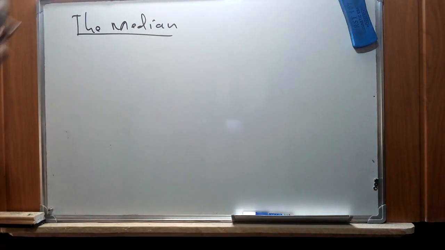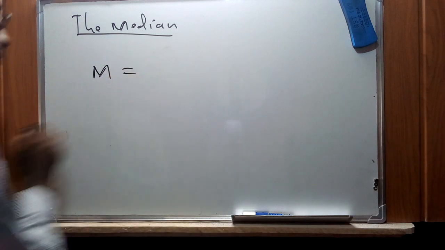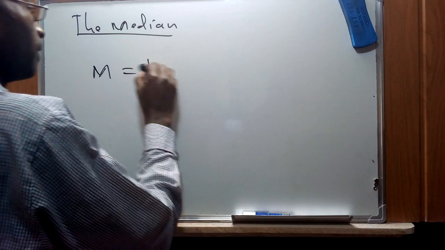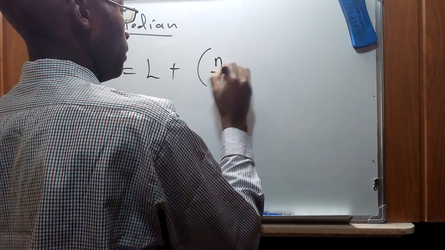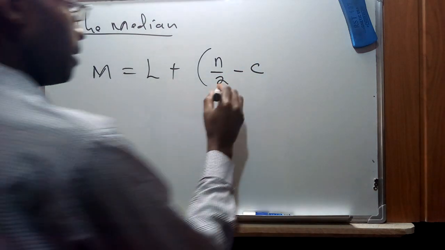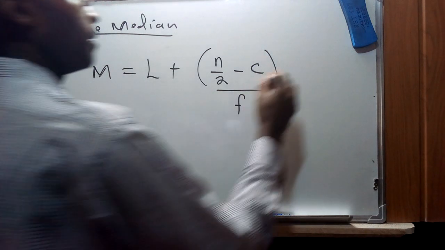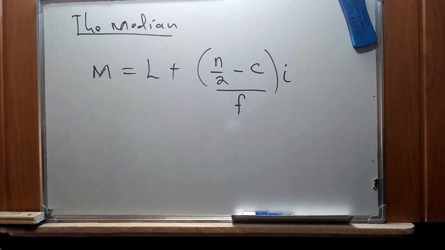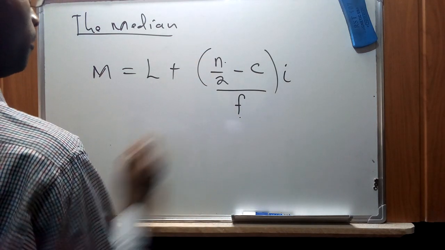So in this case, the median is given as L plus, n over 2 minus c, over f, into i. So of course, as I've said, we had introduced the terms n and f.